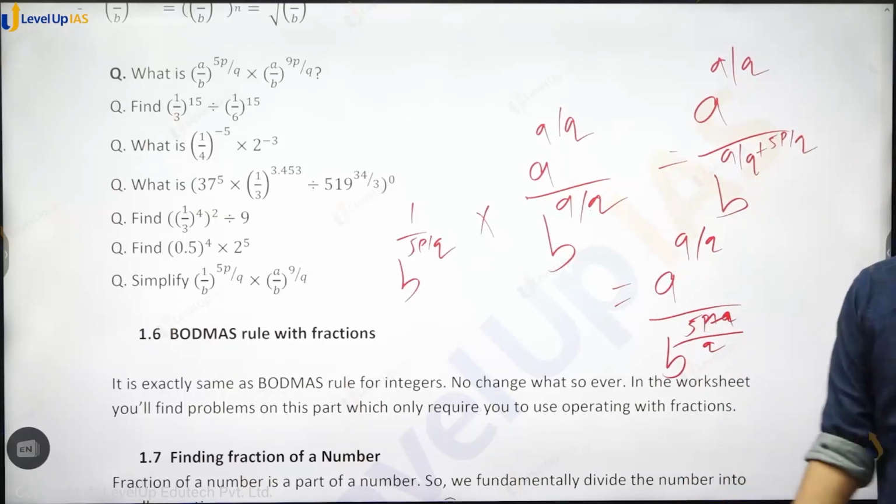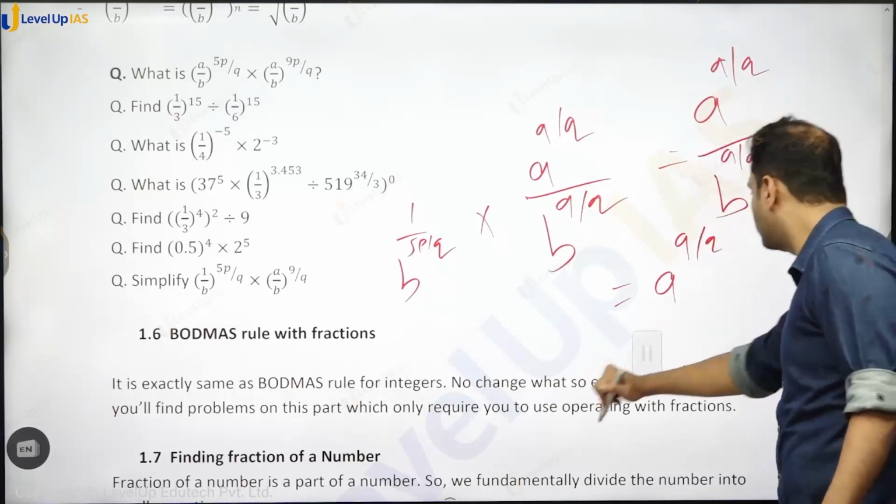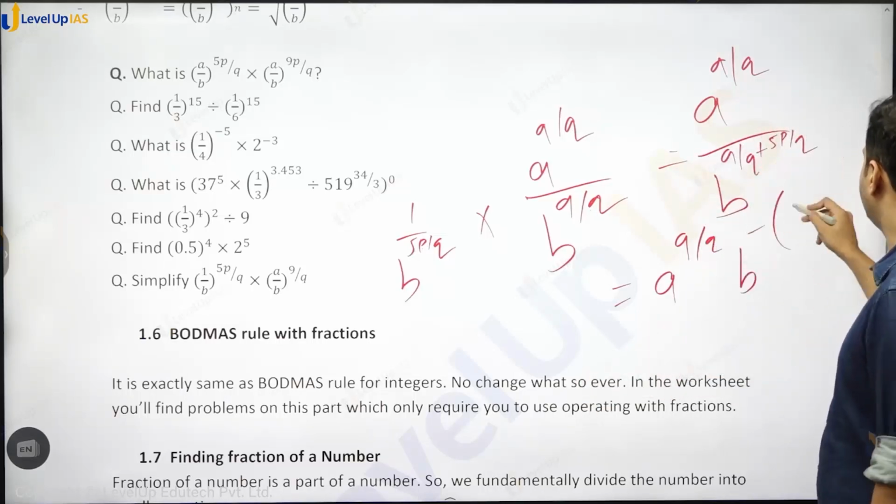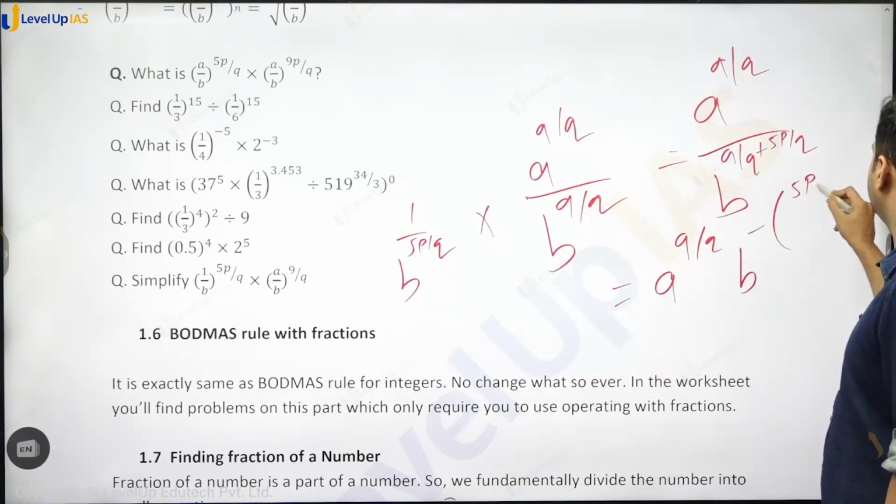This is your answer. इफ यू वांट टू राइट b ऊपर लिखना है तो माइनस (5p+9) बाय q ऐसे लिख सकते हो.